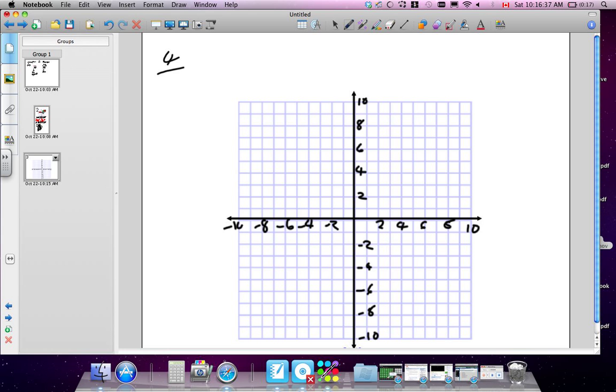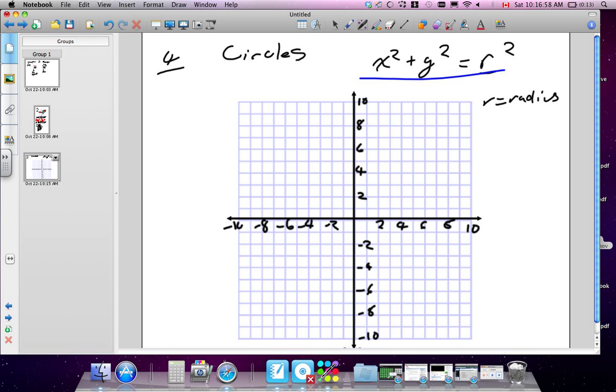All right. We're doing circles now. Okay. So these are graphing circles. Equation of a circle is x squared plus y squared is equal to r squared. Okay. R stands for the radius. Is that ringing a bell now? Radius. Okay. All of our circles in this equation's form, the center of them is at the origin.